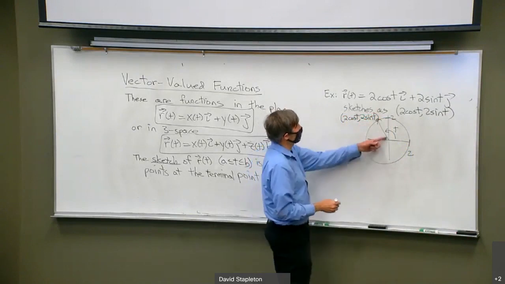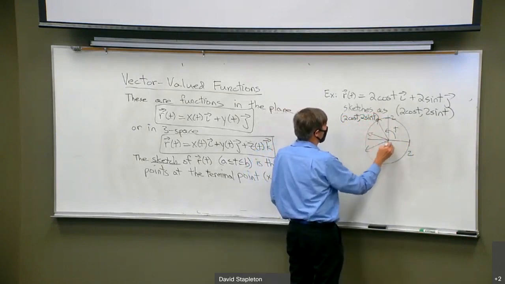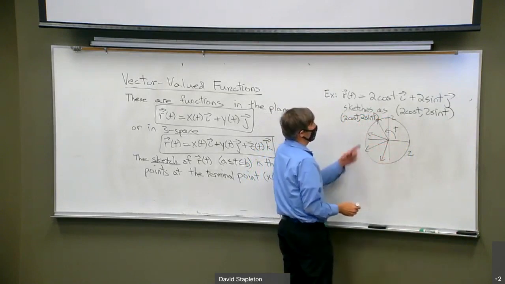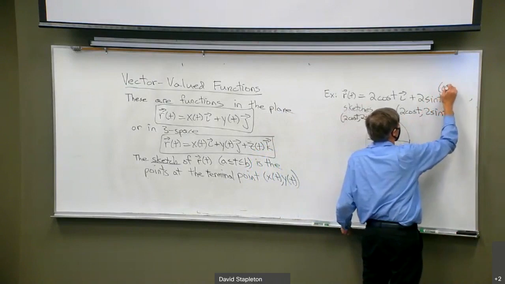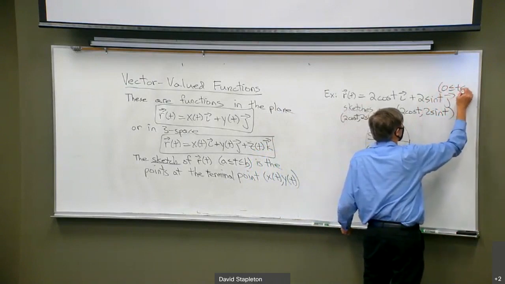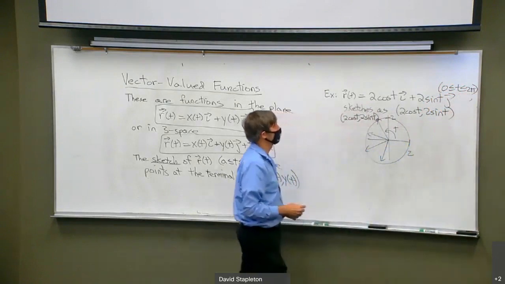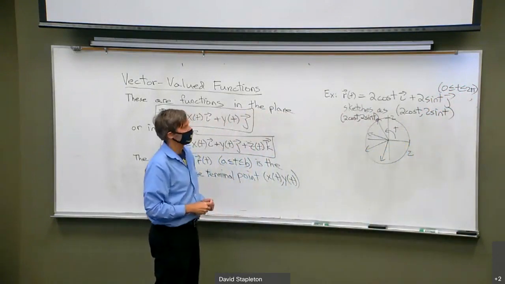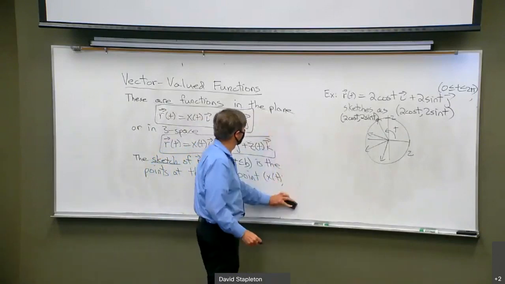And so the idea is this vector sweeps around and its terminal point sweeps out the circle of radius 2. We can, in this case, restrict t to be between 0 and 2 pi, since it would do the circle over and over, so it only sweeps out the circle once. So that's a vector valued function.